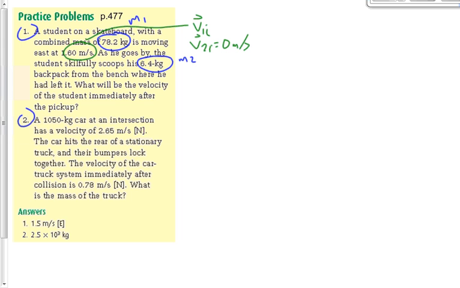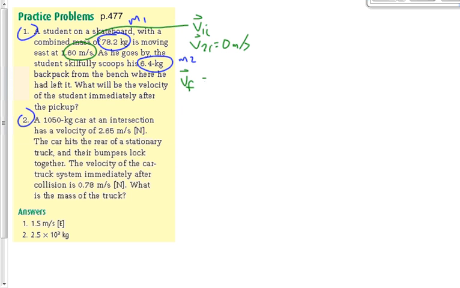Anything else that we're looking for here? The final mass? Yeah, we could find that, but that's not what we're looking for. We're looking for the final velocity. Now, I'm not going to call that V1F or V2F. I'm just going to call it VF.